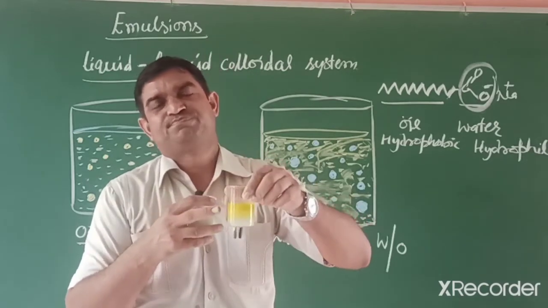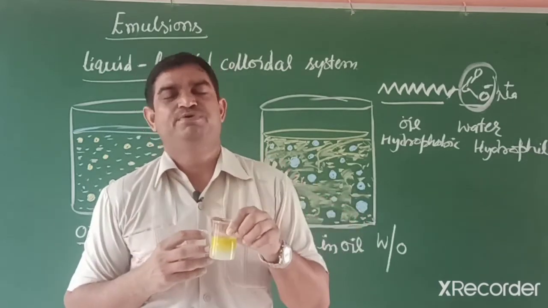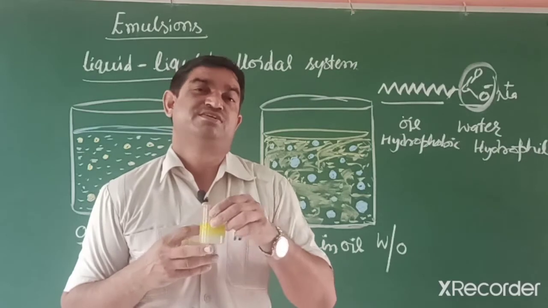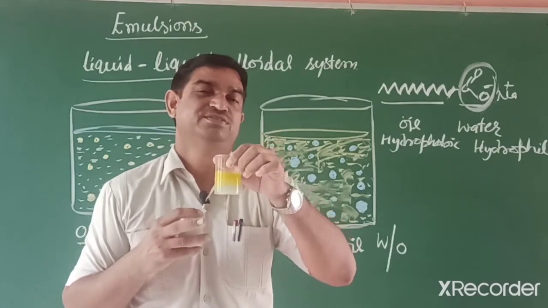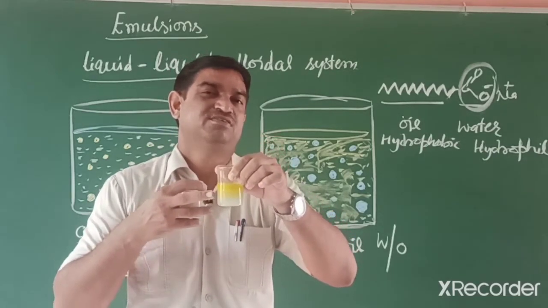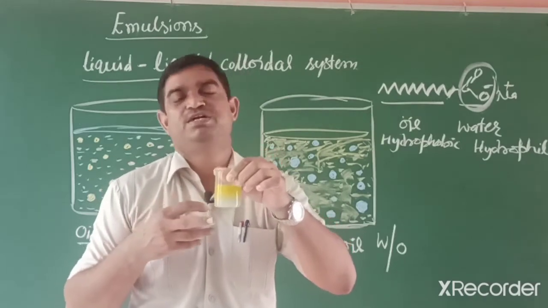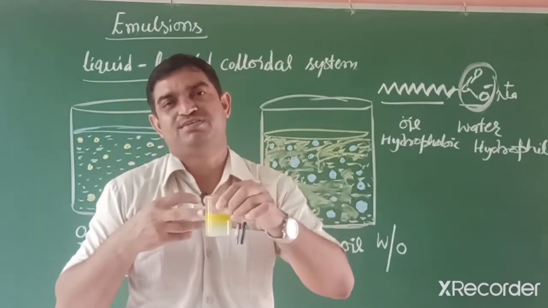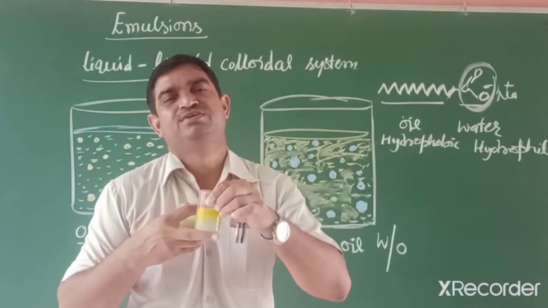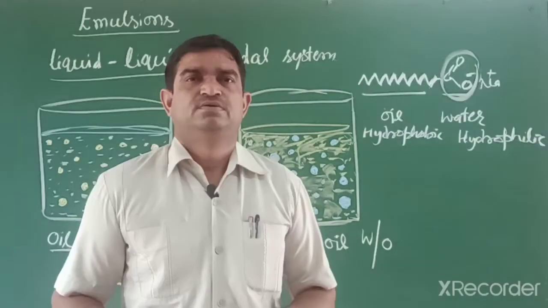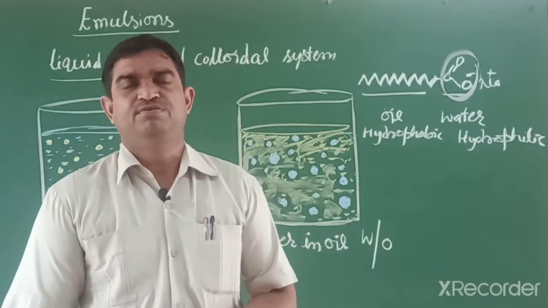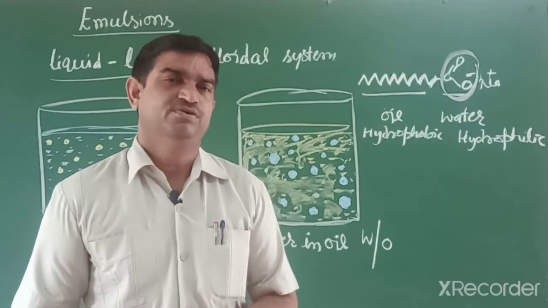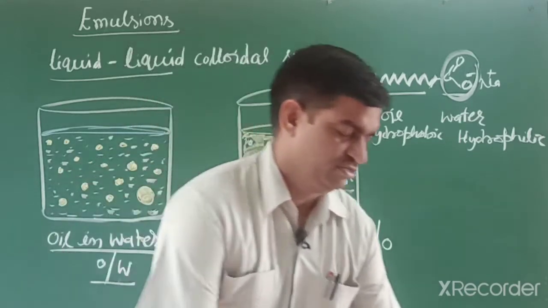The other one, water in oil, has the example of butter. In our butter, oil is more than water. So butter is an example of water in oil, butter and normal cream. Examples of emulsions of water in oil and oil in water.